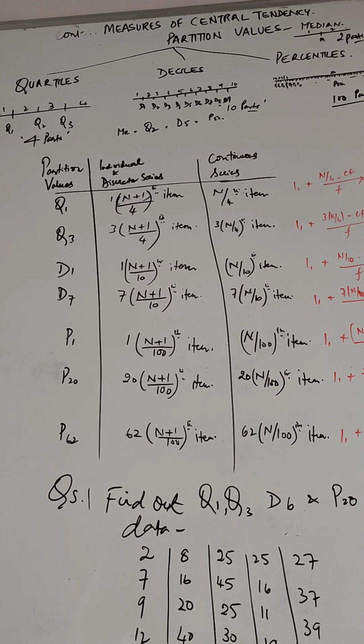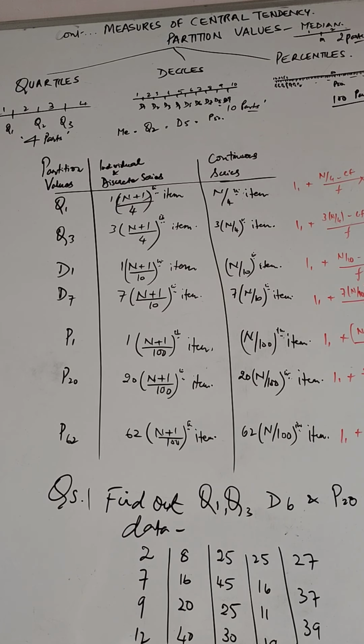Let me just explain further. The first quartile is denoted by Q1 or the lower quartile, and it has 25% of the items of the distribution below it, and 75% of the items are greater than it. Now the second quartile is denoted by Q2 or median, that has 50% of items below it and 50% of observations above it.